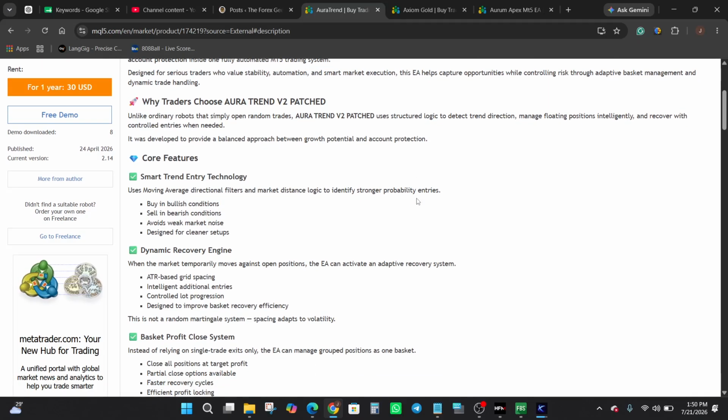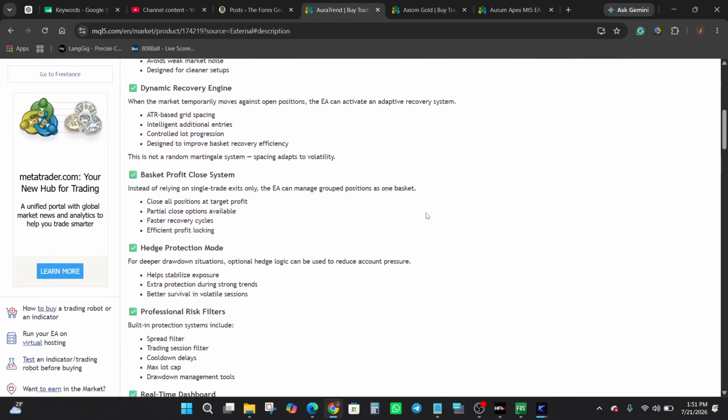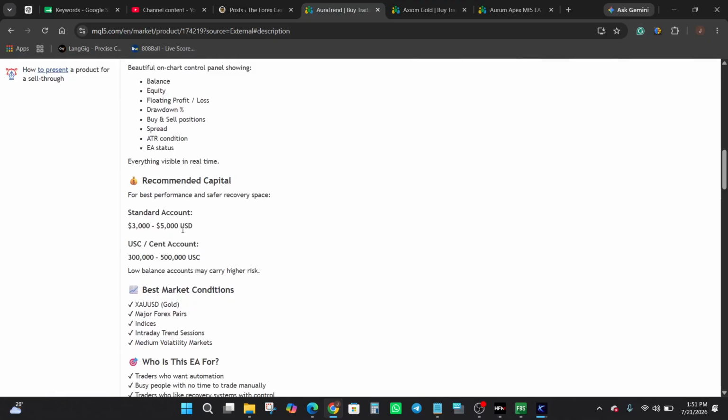positions. Okay, it recommends minimum balance starting around $3,000 for standard accounts and suggests settings for conservative, balanced, or aggressive approaches, particularly for XAUUSD and major Forex pairs during London and New York sessions.